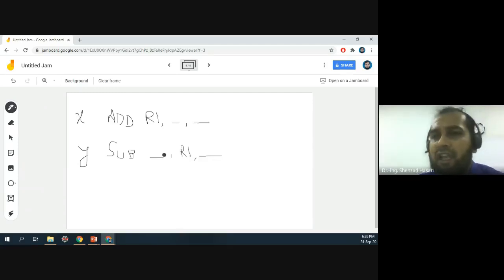I have just given an example highlighting only one register. So we say that Y is dependent on X, because X is producing a result which is used by Y. We call this data dependence, more specifically true data dependence.